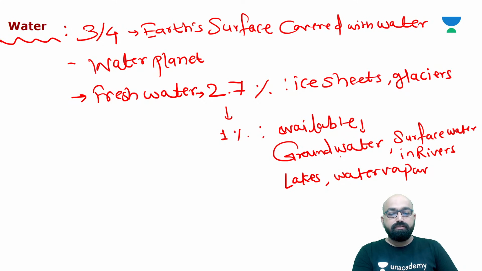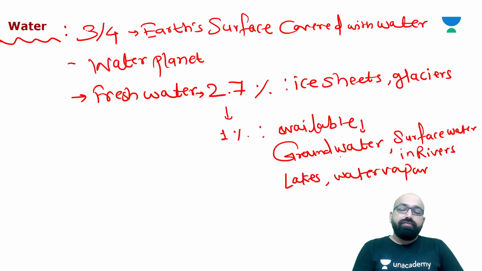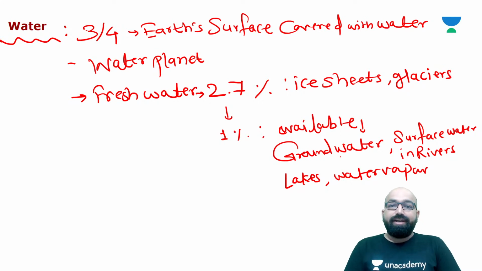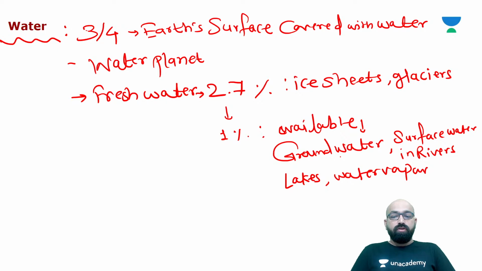Now, friends, in 1975, the consumption of water for human use was 3,850 cubic kilometer per year.